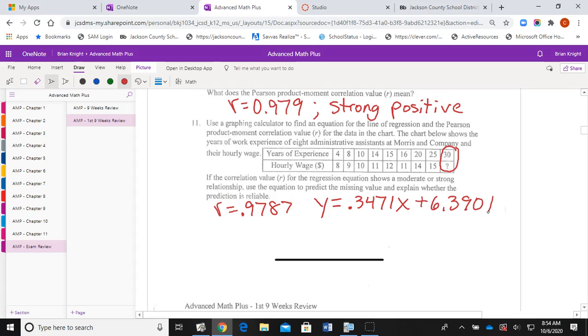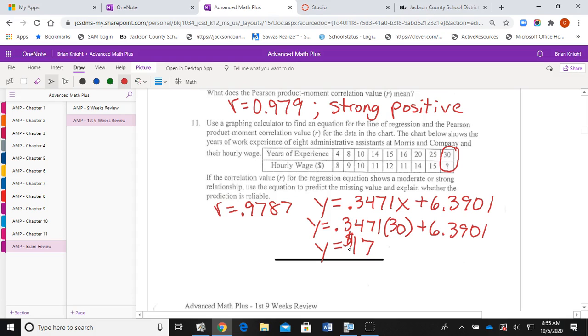And now what do I do to figure out the hourly wage for 30 years of experience? Plug in 30. So Y equals 0.3471 times 30 plus 6.3901. That should be, according to my answers, about $17.